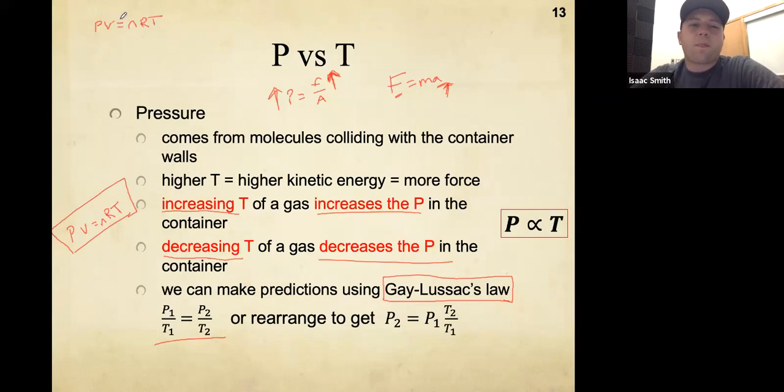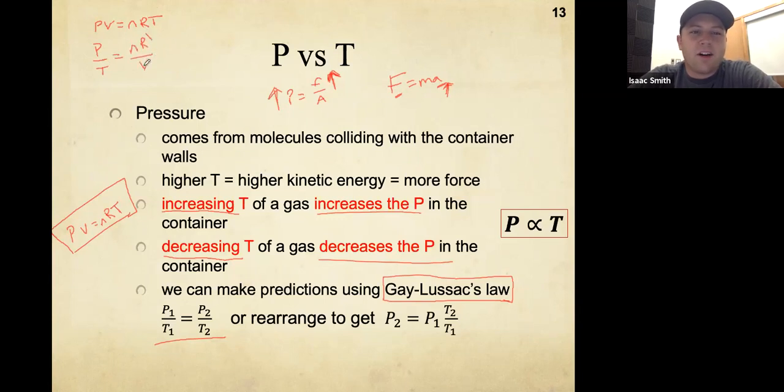So basically, when we're solving a question about gases that only deals with pressure and temperature, we're going to assume that everything else is constant, okay? So if everything else is constant, we can rearrange this equation to say P over T equals nR over V, okay?